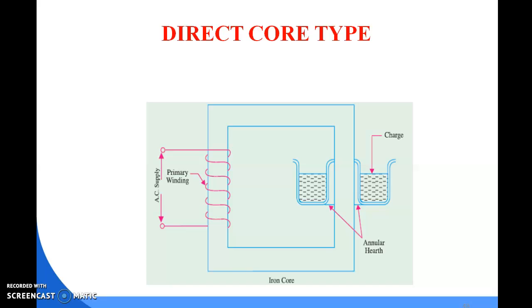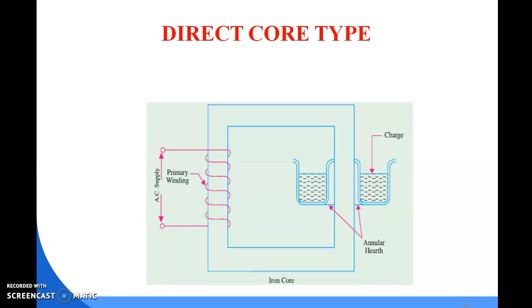When you give supply, the annular hearth is present on both sides. So inside the annular hearth the charge is present. When you give supply, current will flow and the charge is heated inside the annular hearth and forms into molten metal on the secondary side, because they are magnetically coupled.